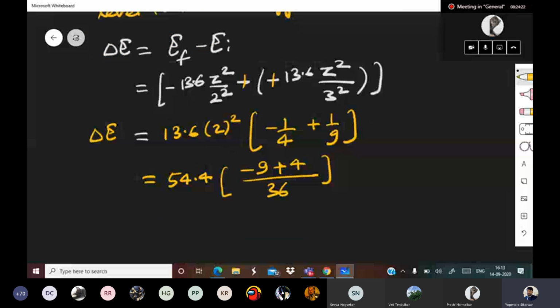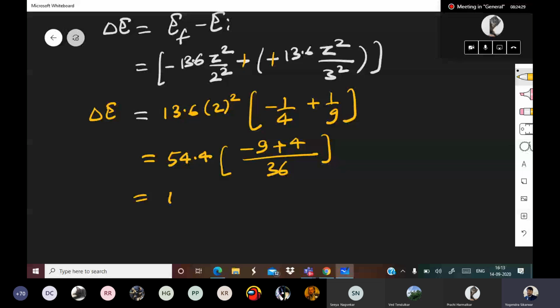That comes out to be 54.4 into minus 5 upon 36. Quickly tell me the answer. 54.4 into 5 divided by 36 comes out to be minus 7.55 eV.